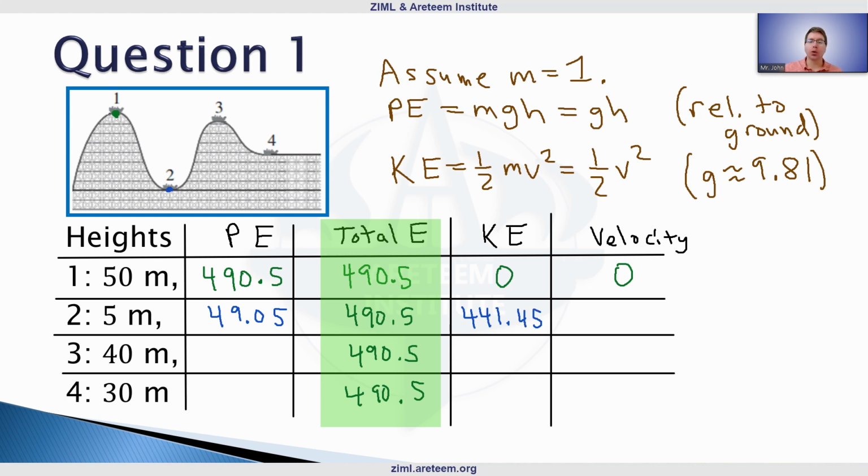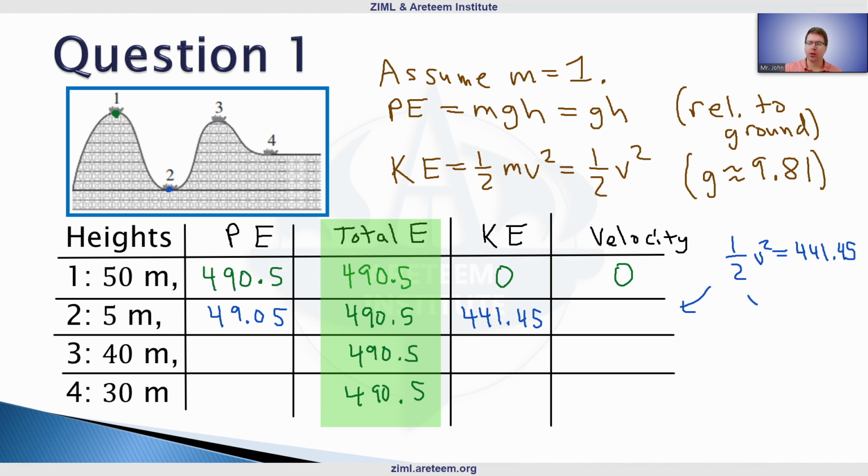And now let's show the work there for this. So for this one, I'll show the work, and then we'll kind of skip it for others. 1/2 v squared is supposed to be that kinetic energy. Remember, we're assuming m equals 1, so we have 441.45.